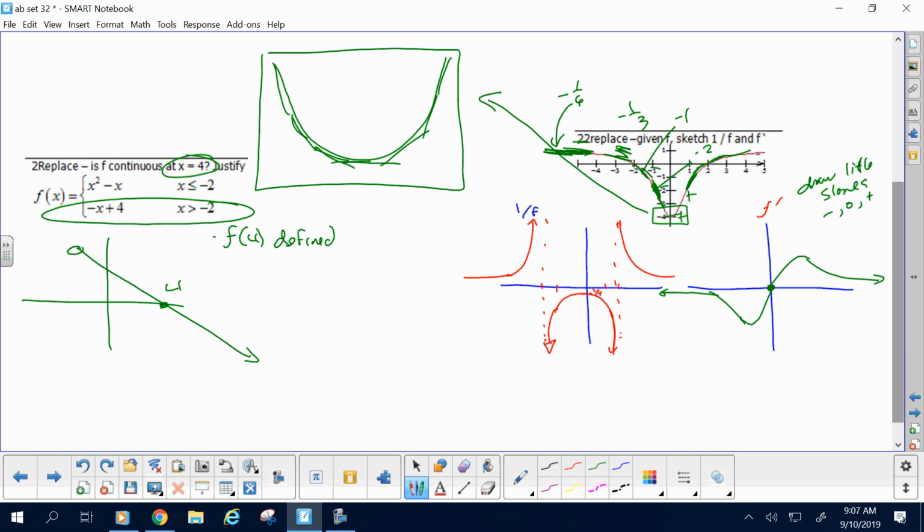Did they tell you, hey, do this when x is 4? When x is greater than -2, which would include x equal 4, do you know what to do? Yes. Yeah, use this. So is f of 4 defined? Sure is. Okay? F of 4 equals 0.